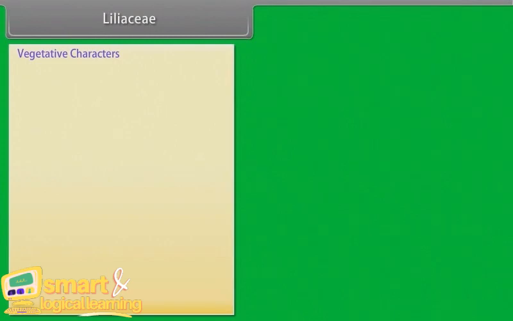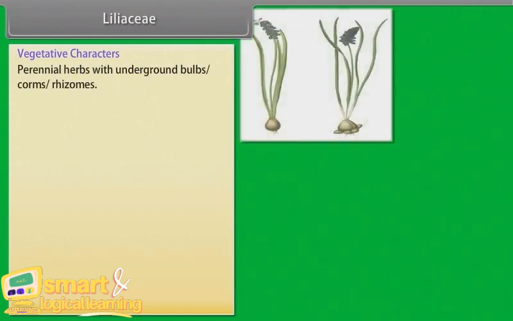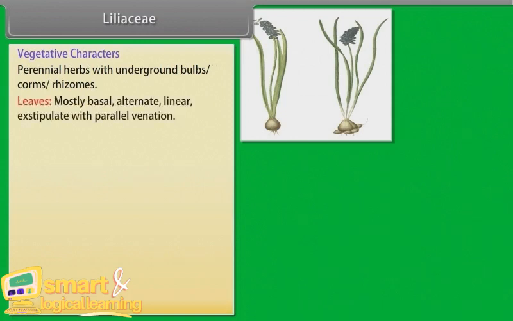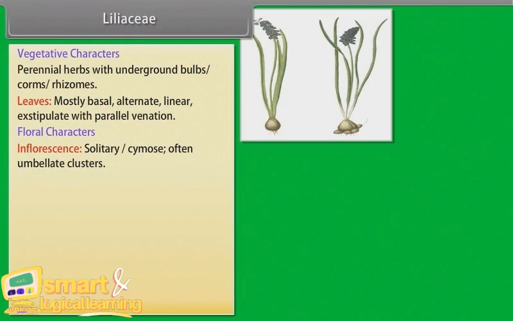Vegetative characters: perennial herbs with underground bulbs, corms, rhizomes, leaves mostly basal, alternate, linear, exstipulate with parallel venation. Floral characters: inflorescence solitary, cymose, often umbellate clusters.